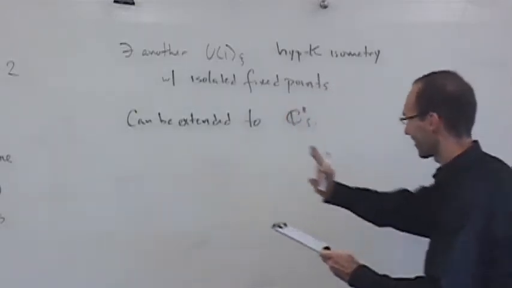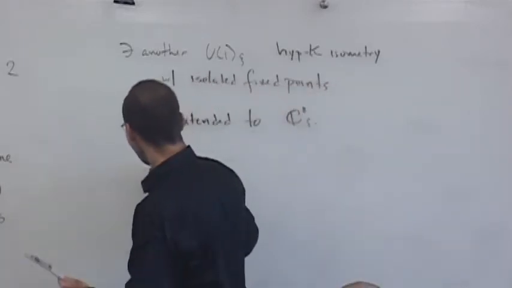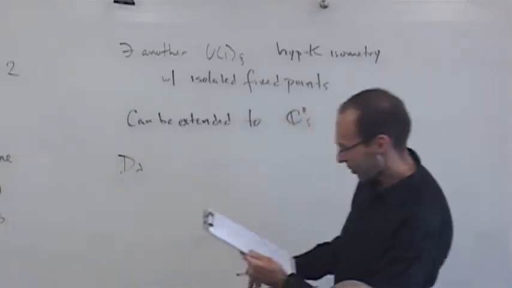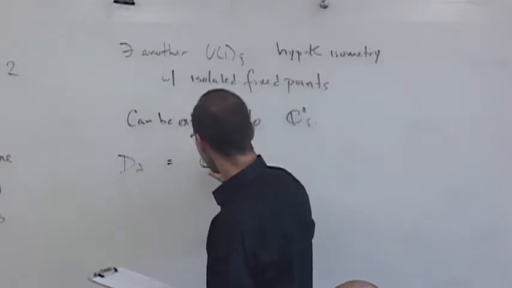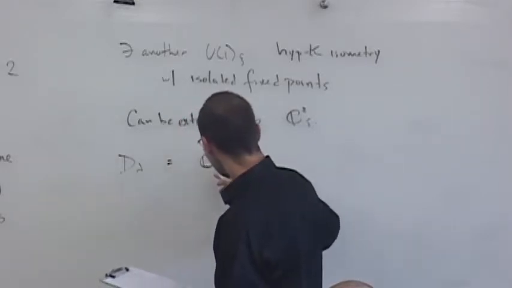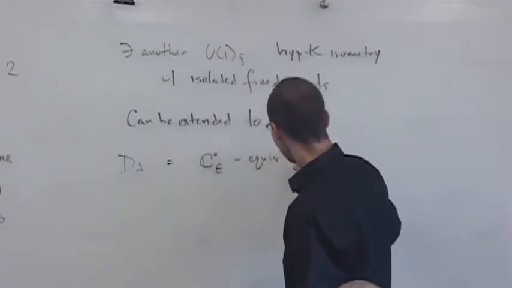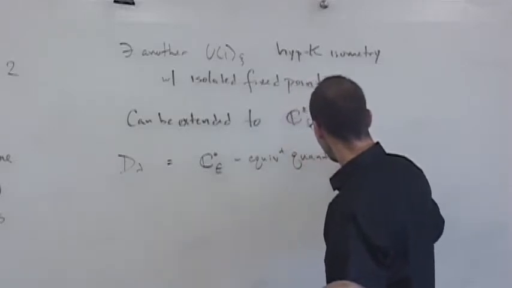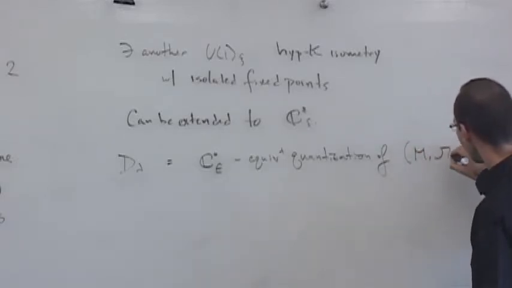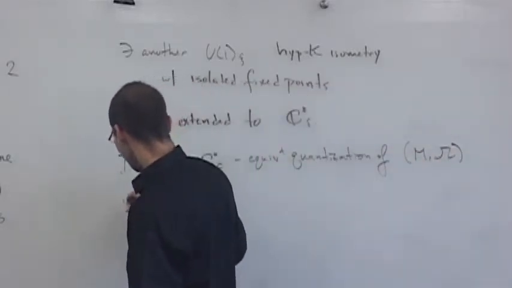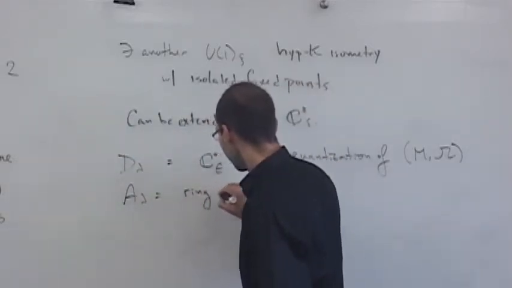So these guys define two objects. D lambda, which is a sheaf, that's a C star epsilon equivariant quantization of the holomorphic symplectic space M omega. And A lambda, that's the ring of global sections.